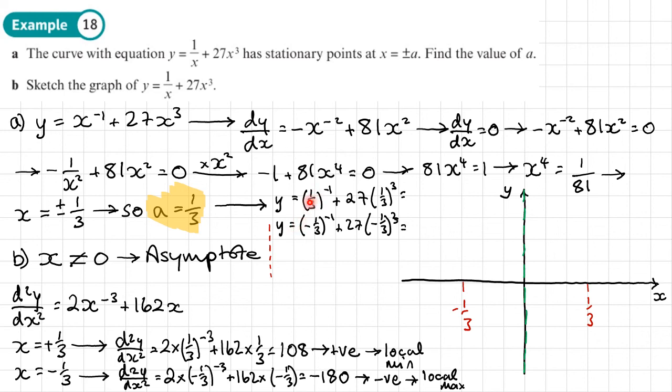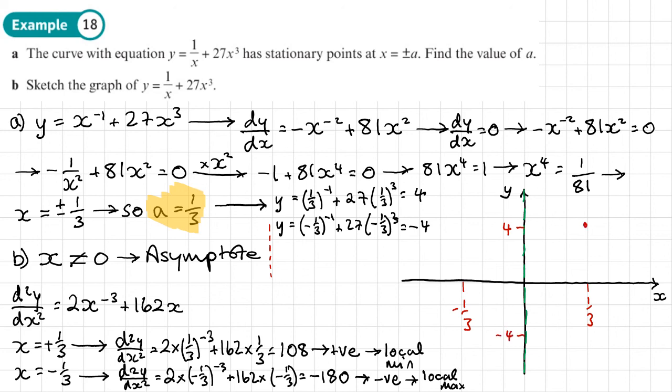So when x is equal to a third and we work this out, we get a y value of 4. And when we have our x value of negative a third and we work this out here, we actually get a y value of negative 4. So we're going to mark those in on the axis as well. So 4 and negative 4 are y values.